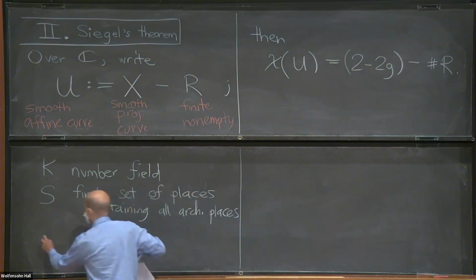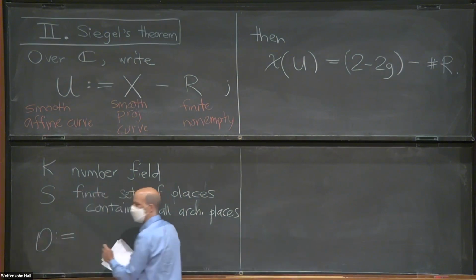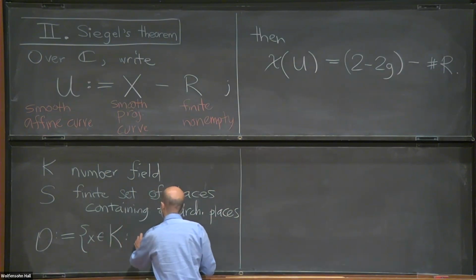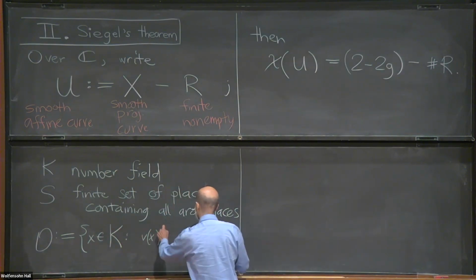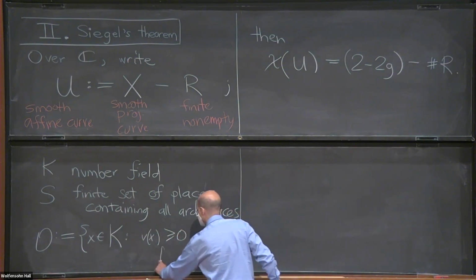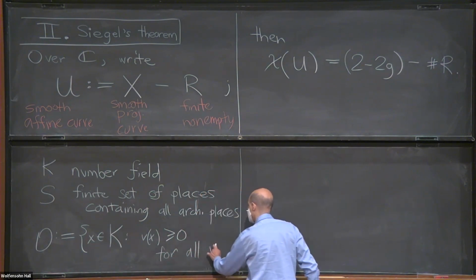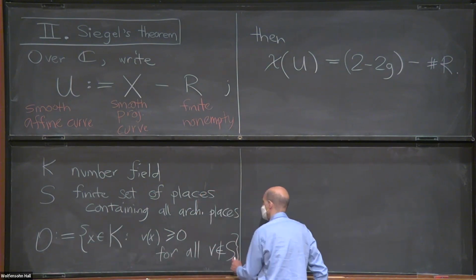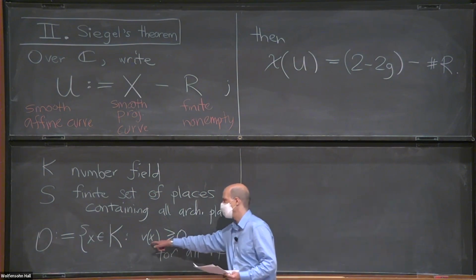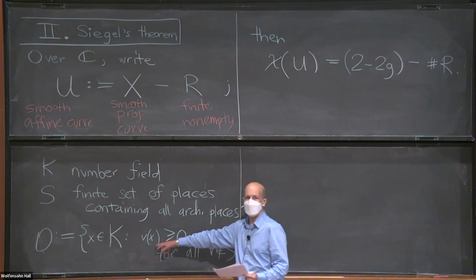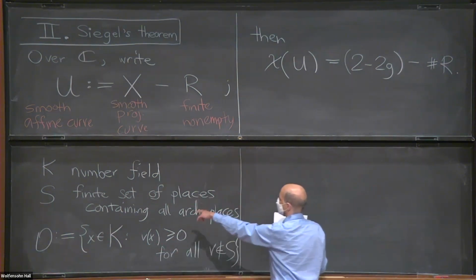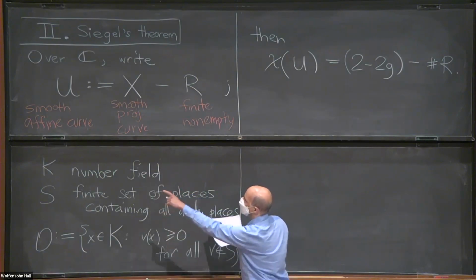In terms of that, you can define O, the ring of S-integers, which is the set of elements of the number field that are integral, meaning the valuation is non-negative at all the places outside S. For example, if K is Q and S is just the infinite place, then this condition is saying that you're looking at rational numbers such that no primes appear in the denominator. So those are just integers.